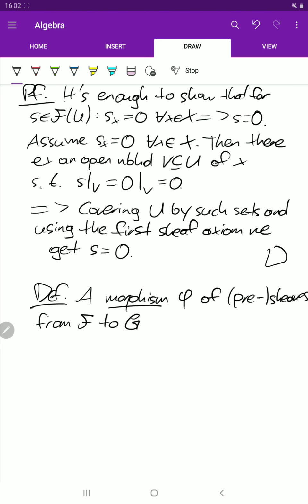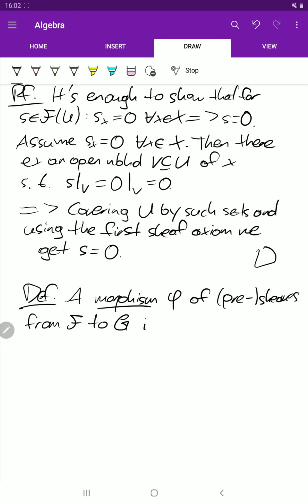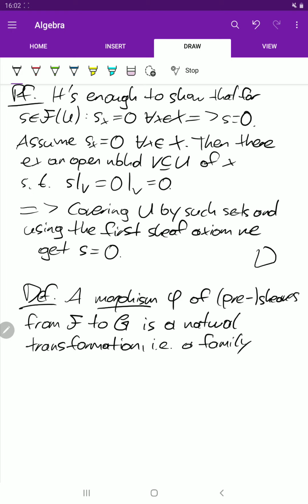Okay, so what is it? Let's at first phrase it in terms of category theory. So that's a natural transformation between these functors. We have introduced presheaves as functors, but if you don't know what it is, that's no problem. Now we'll give a more explicit way to describe a morphism of presheaves.